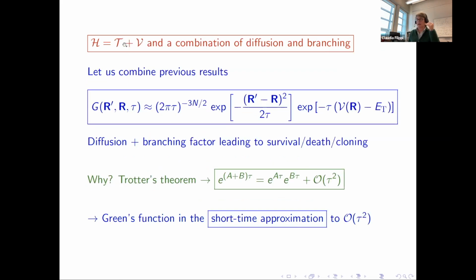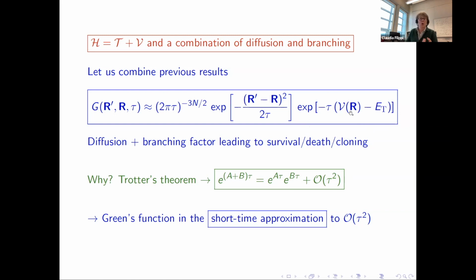Now we put things back together. We have kinetic and potential, and so we combine the previous results. The Green function we write is a product of a Gaussian, the diffusion process, multiplied by this exponential, this branching factor. And this one will tell us what our probability of surviving or maybe dying is.